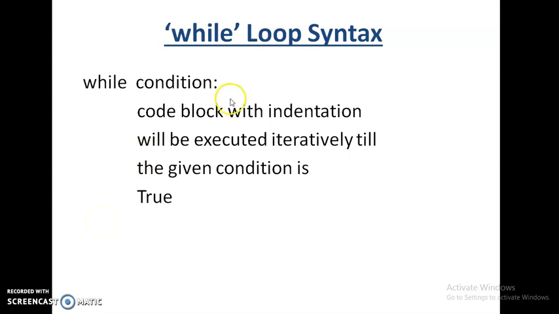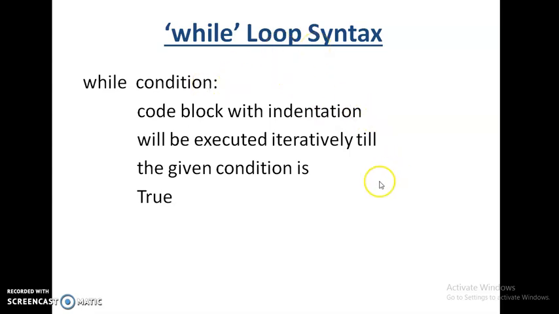First let us see why we use loops. If a programmer wants to use a certain part of a source code repeatedly or iteratively, then he should make use of loops.